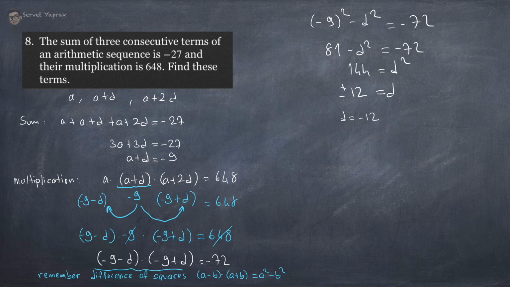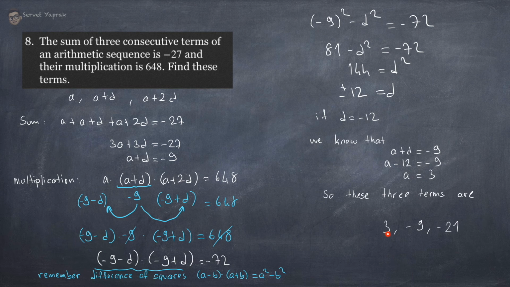If we assume that d is negative 12, and use this equation, we will have a minus 12 equals negative 9 and a equals 3. If we have a and d, now we can write these three terms. They will be 3, negative 9 and negative 21. If we assume that d is positive 12 and follow the same procedure, then we will have these terms: negative 21, negative 9 and 3.